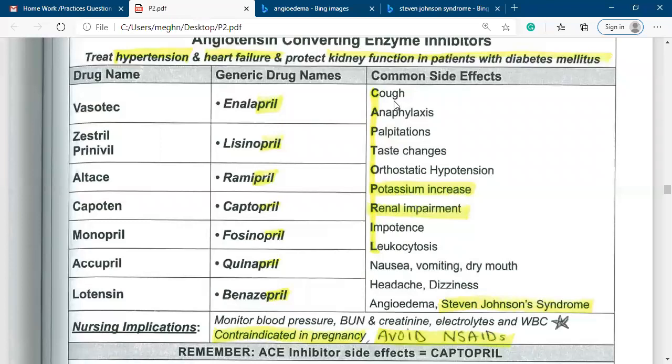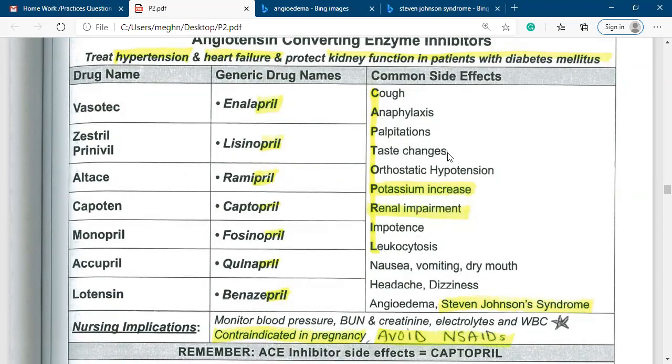Or sometimes a very bad drug reaction. This is called an anaphylaxis reaction, a hypersensitivity reaction. And also enalapril or lisinopril, all of this group of medication can cause these side effects.